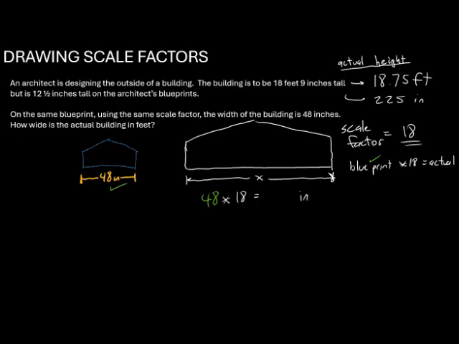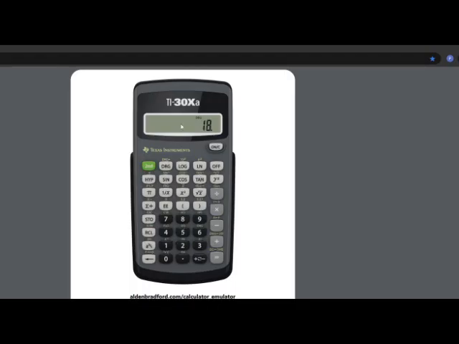The reason why it's in inches is because the blueprint's in inches. Let's go to the calculator and find what that is. Notice we have our 18 already stored in the calculator, so we'll now just say times 48. Press enter, and we get 864 inches.